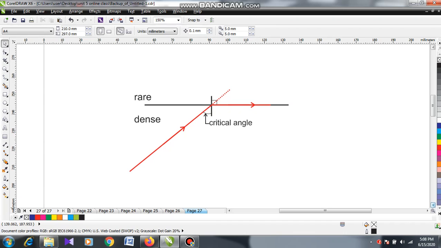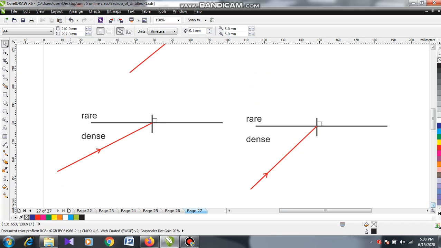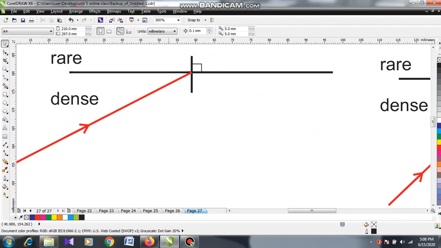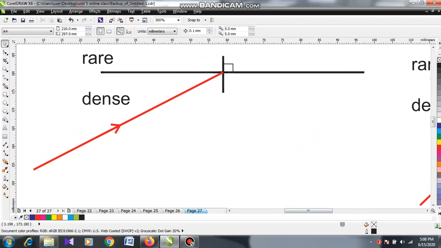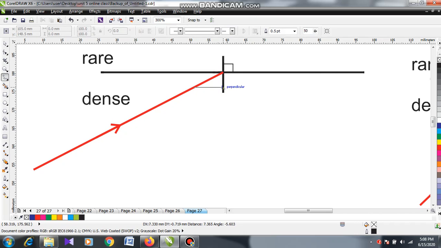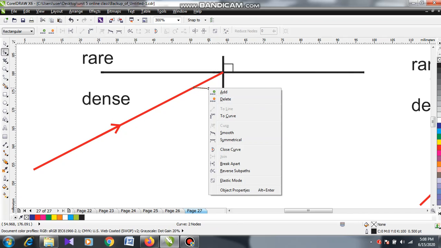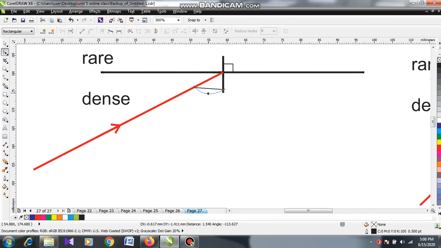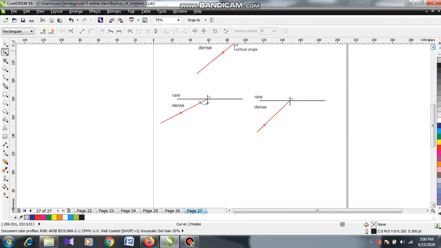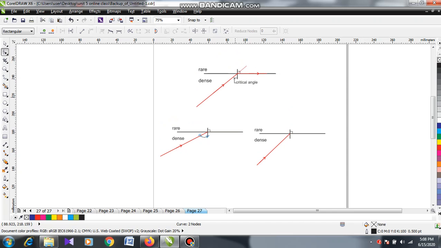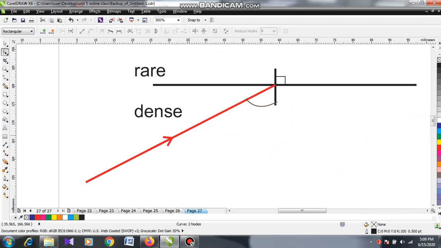Now the point is, if you look at this diagram, in this diagram, the same two media, I have made this angle greater than the critical angle. For a simple example, if water's critical angle is 49, I am making this angle 50 degrees or 51 degrees or 52 degrees or 53 degrees.